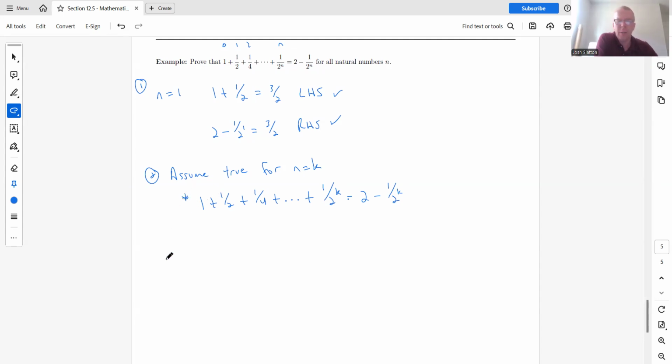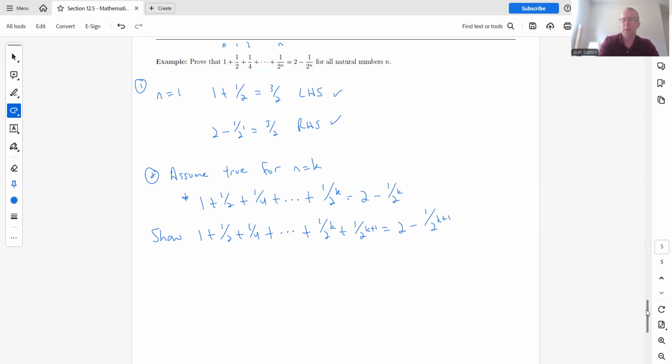That is our inductive hypothesis. And now we want to show that it is true for the next one. So add in the next term. So we'll go up to 1 over 2 to the k, and then we're going to add in 1 over 2 to the k plus 1. And then that should equal, now plug in k plus 1 there, 2 minus 1 over 2 to the k plus 1.